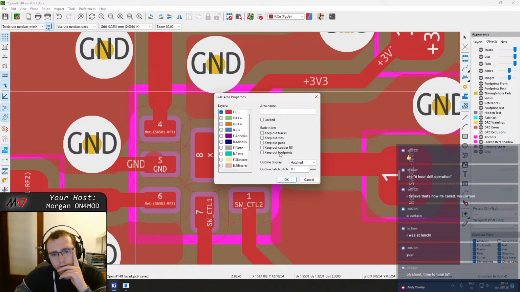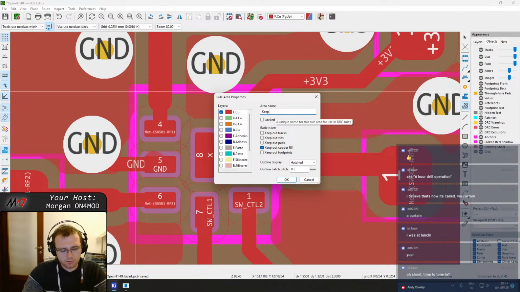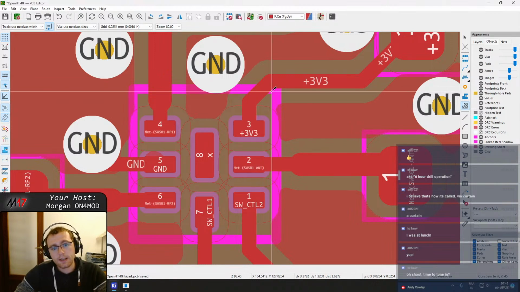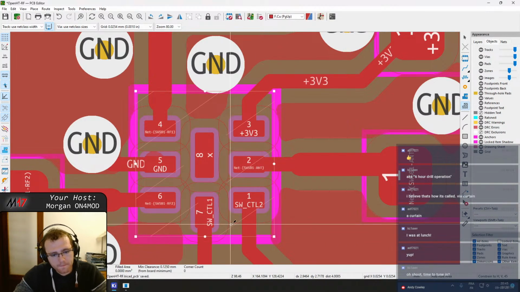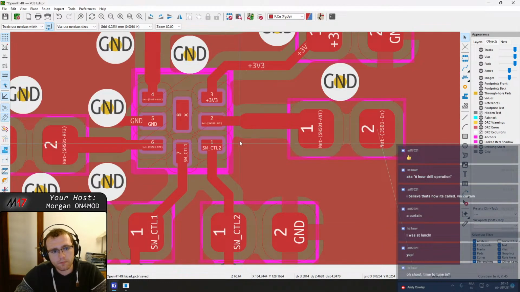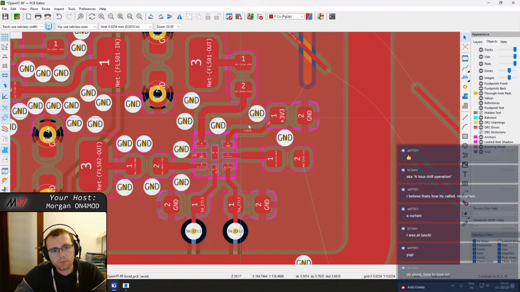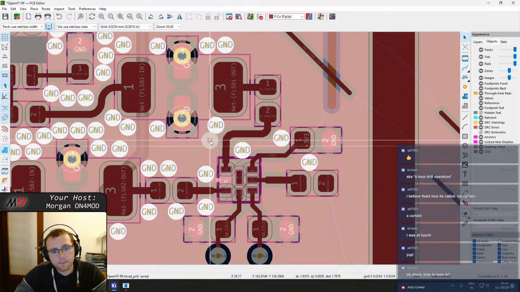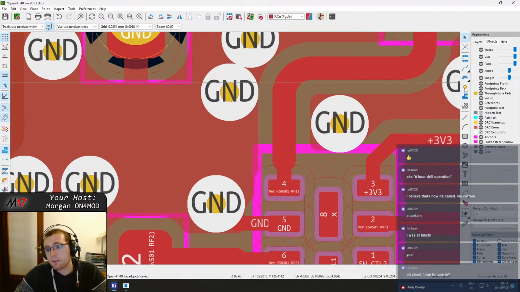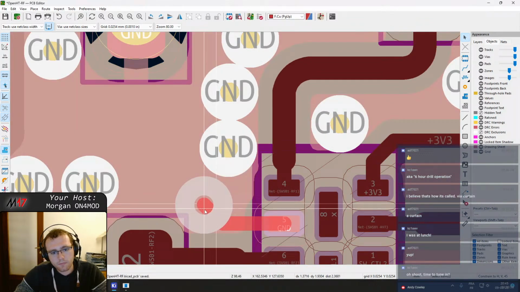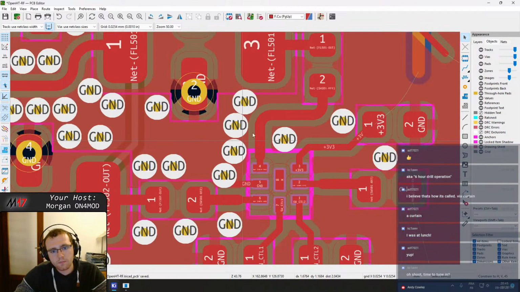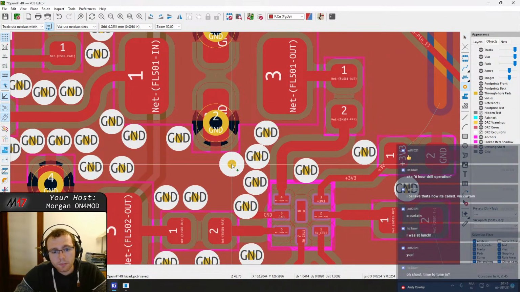So let's just keep out copper filled. Okay. Placing vias like crazy.